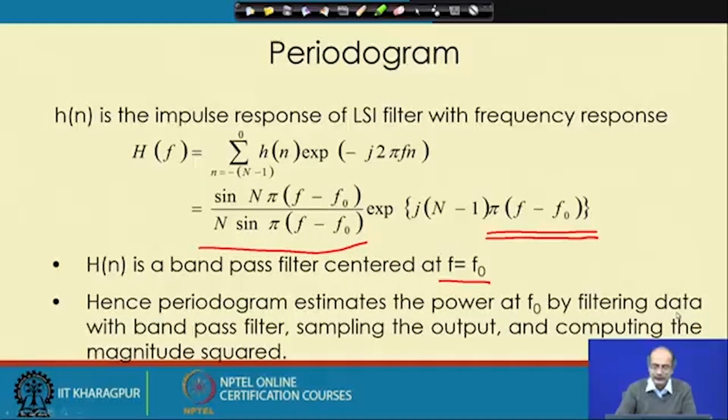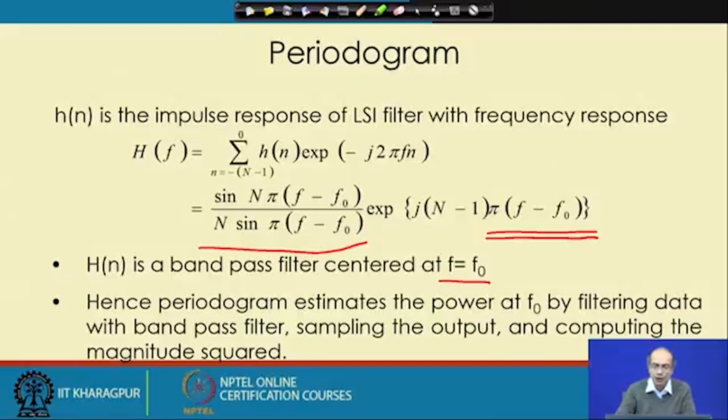We have the data, the samples, and from there we compute the squared magnitude of the filtered output. If we sample and take the square, that output gives us the value.